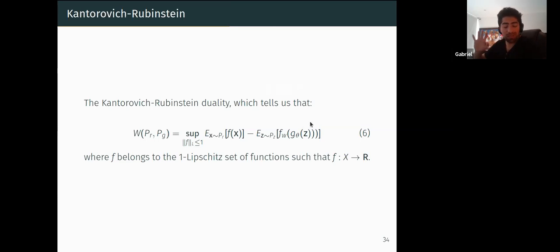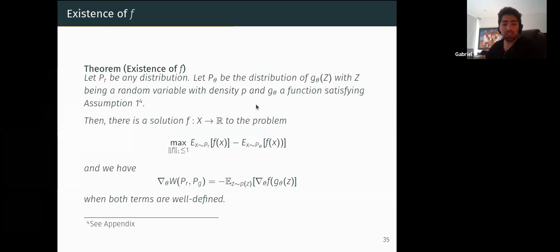And this is when things start getting a little bit mathematically hairy, but just bear with me for a couple more slides. What's important here is that under the regularity conditions provided by our function being parameterized by a neural network, we have an assurance that this f that's so important to us not only exists, but also provides meaningful gradients.